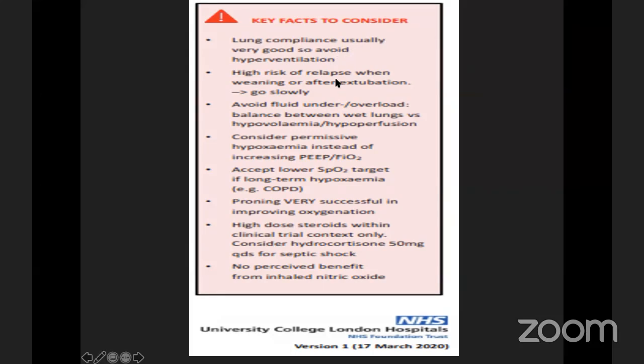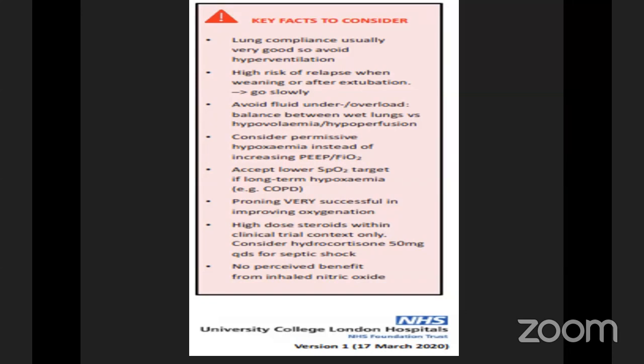So you have to follow the patient, the compliance of the lung properly, because better compliance, better lung, less need for high PEEP. But if the patient has low compliance, meaning there is more resistance, this means you need higher PEEP. Avoid fluid under or overloading, because the balance should be euvolemic. Avoid hypovolemia, avoid volume overload, because it will make trouble for his oxygenation.